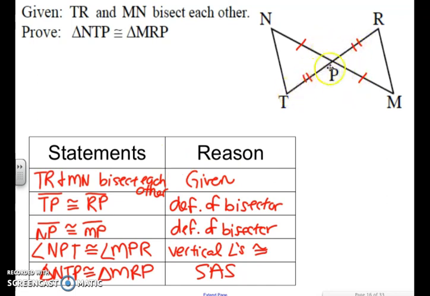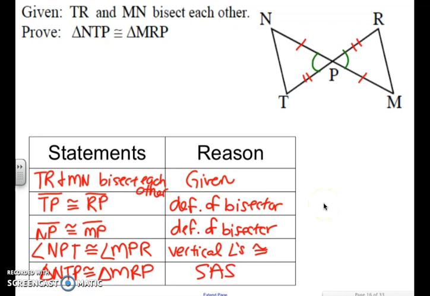So I started off with TP, and I said that it was the same as RP. And the reason I can do that is that's the definition of a bisector. Okay, same thing up here, NP and MP are going to be congruent because that's the definition of a bisector. Lastly, I've got some vertical angles.